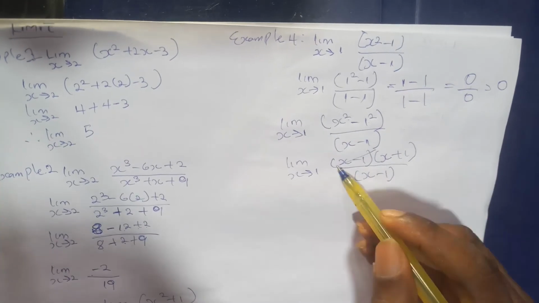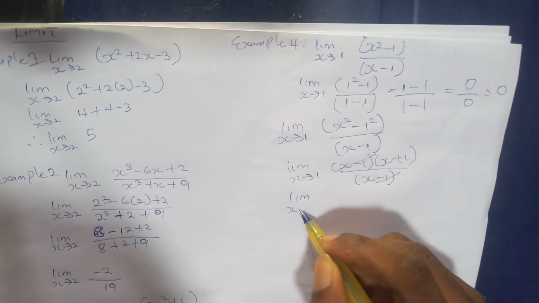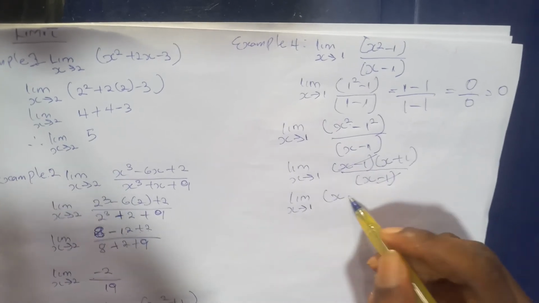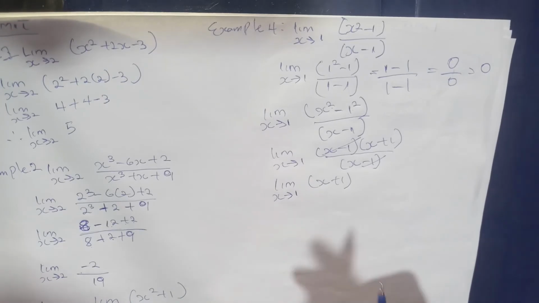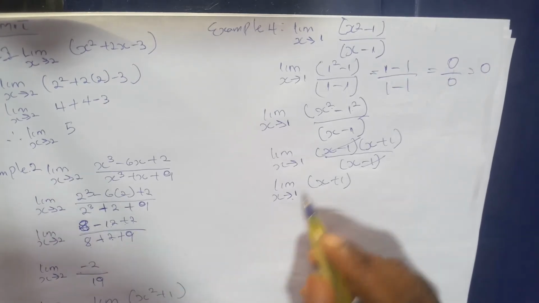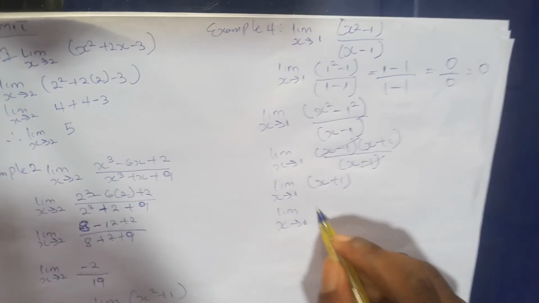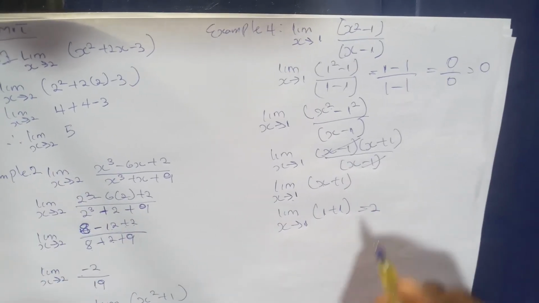So we will just cancel out. Now it's going to leave us with lim x approaches 1, x plus 1. Now we are going to directly substitute 1 into x. Lim x approaches 1, 1 plus 1, which will give us 2.